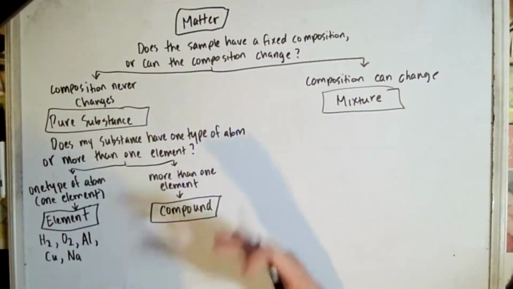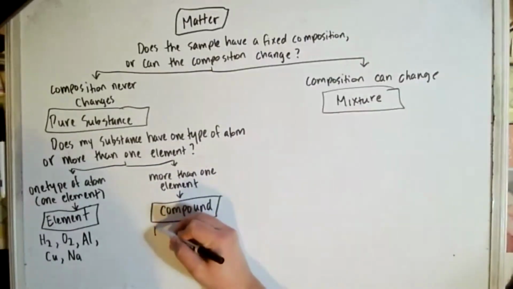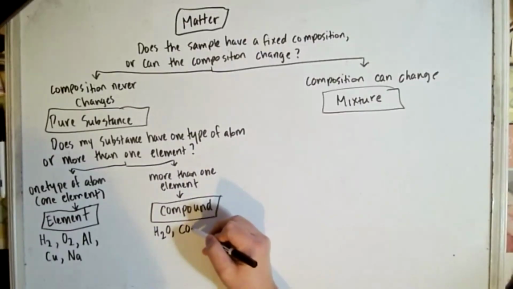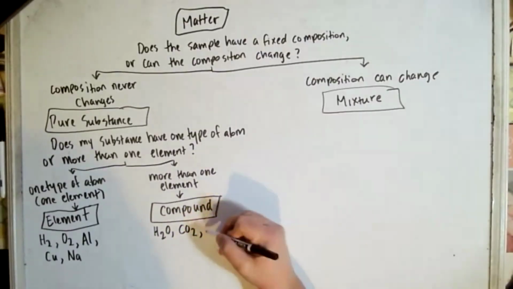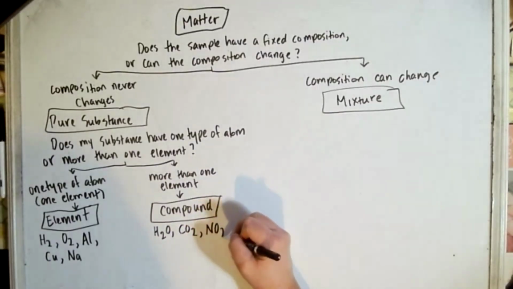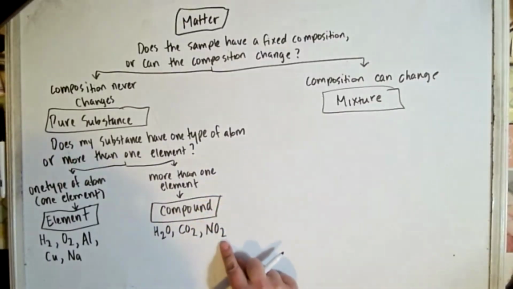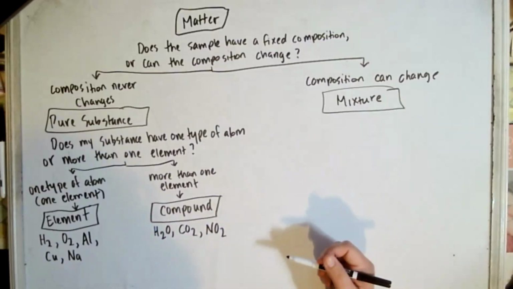Compounds are going to be things that have more than one type of element. So we looked at like water, for example, carbon dioxide, CO2, nitrogen dioxide, right? So in all of these examples, we have more than one type of element present.